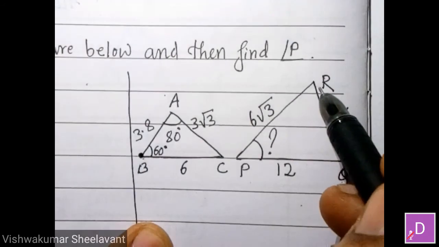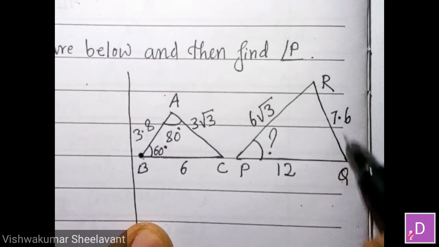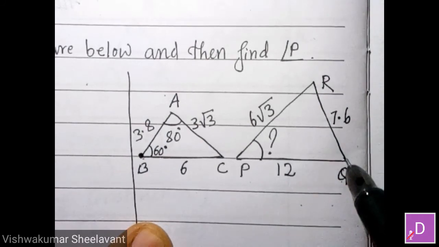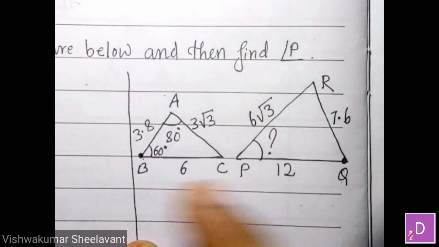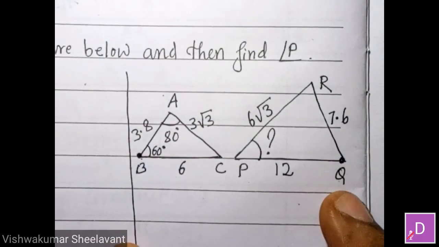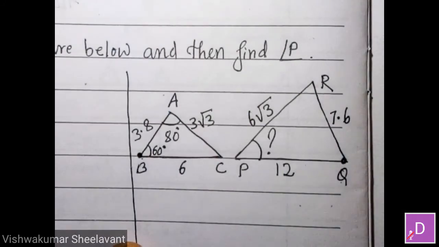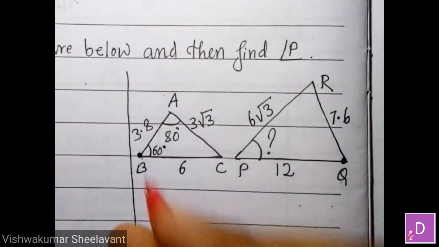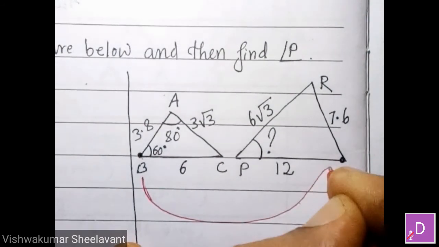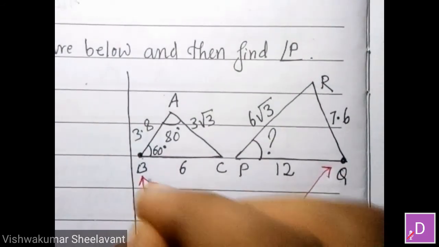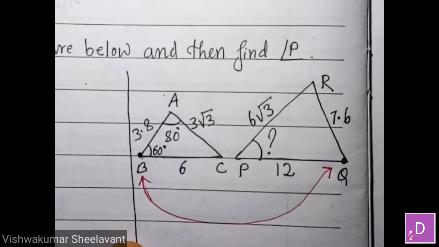Similarly, RQ and PQ are connected to Q. So now vertex B becomes corresponding to vertex Q. So this correspondence you have to find properly. That means B corresponds to Q.